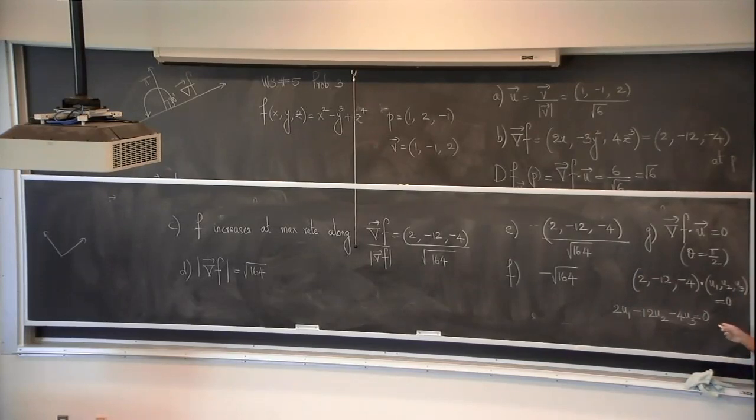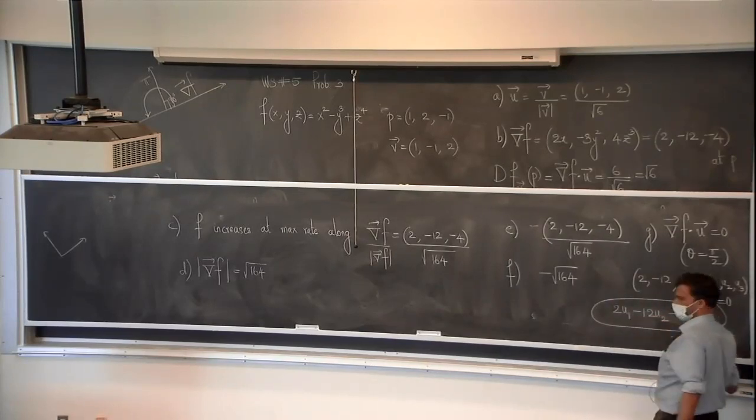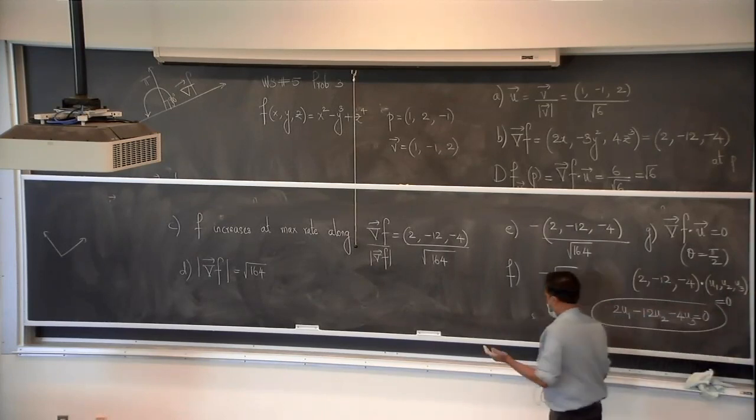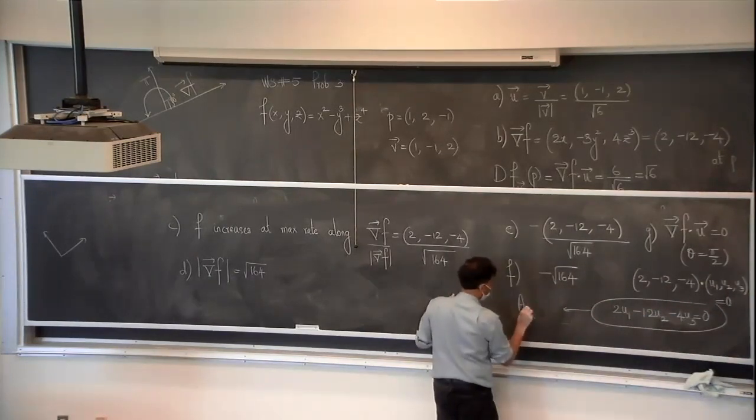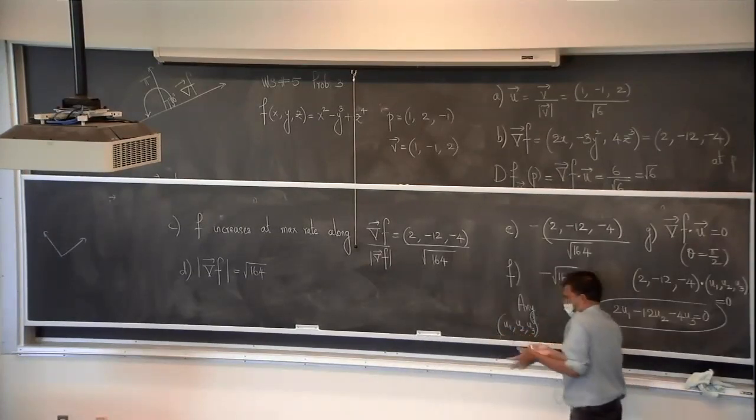How many solutions are there for this equation? How many u1, u2, u3? There are infinitely many solutions, including u1, u2, u3 being equal to 0. So any triplet u1, u2, u3 that satisfies this equation is a possible direction. In R2, I would have called it an ordered pair.